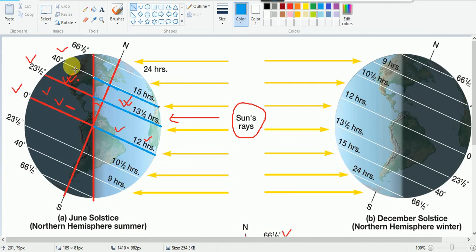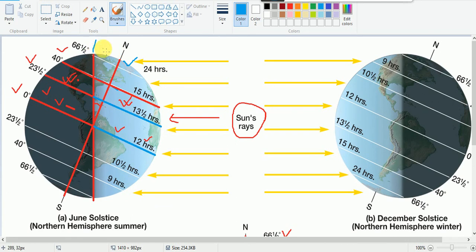Here the nighttime is very short. And likewise along this 66.5 degree north, there will be 24 hours daytime, no nighttime. Just see here, the sun's light illuminated up to here.